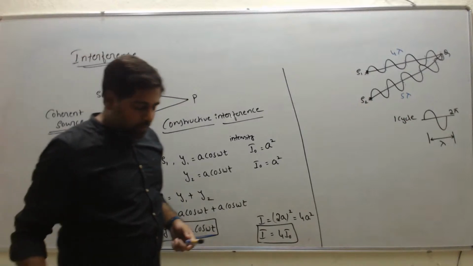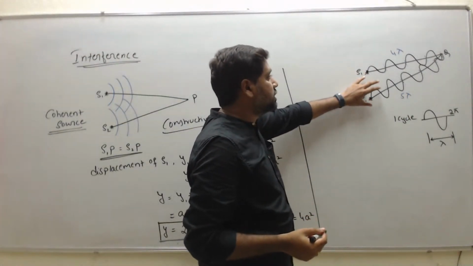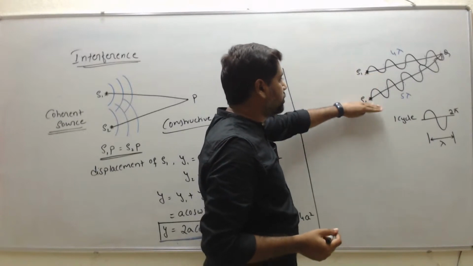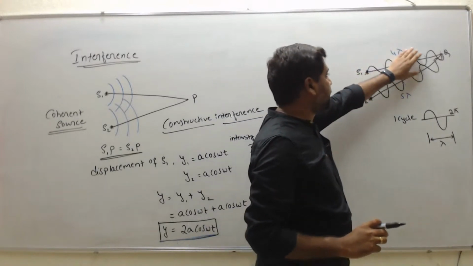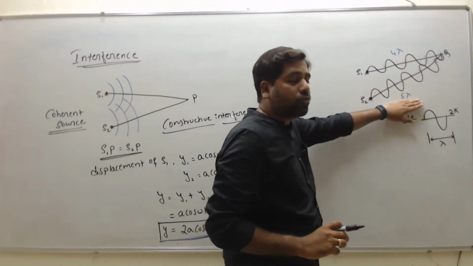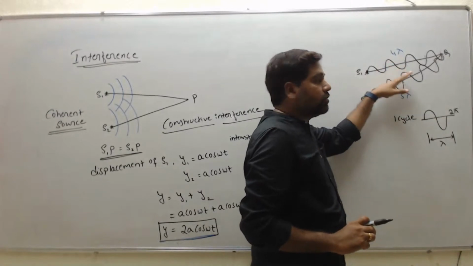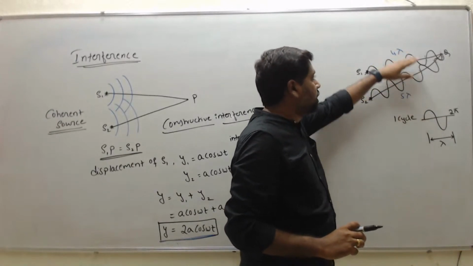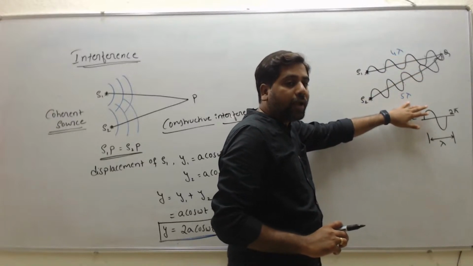If we observe here, the source S1 reaches one cycle earlier than the source S2. That is one cycle, nothing but one wavelength, so the difference is lambda. Here it is 4 lambda and here it is 5 lambda.